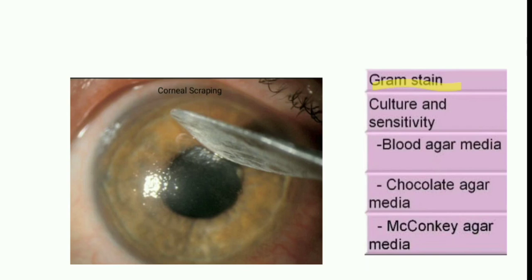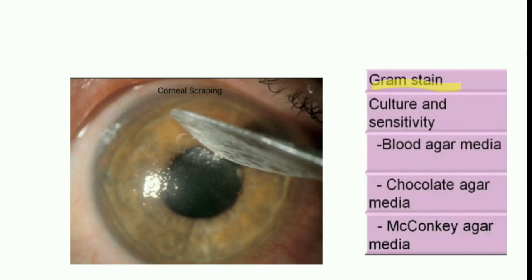Now when you look at this, this is actually corneal scrapings. So it is an investigation. You can do corneal scrapings and go for a Gram stain. If it is gram positive, it will be purple, and if gram negative, it will be pink. Or you can also do a culture.